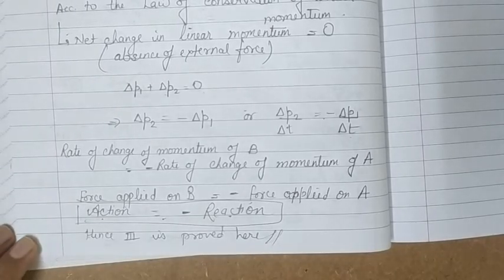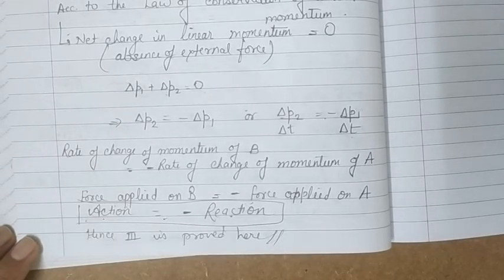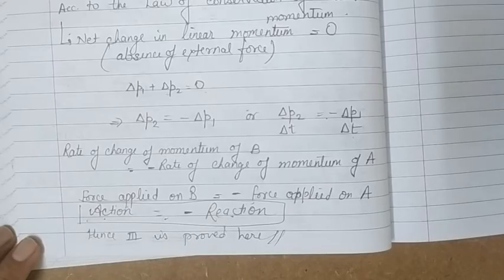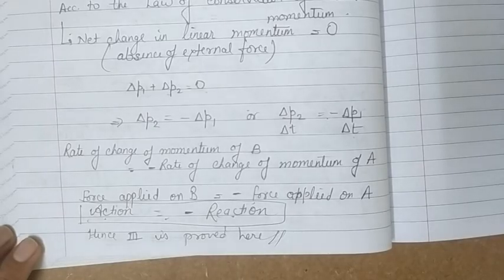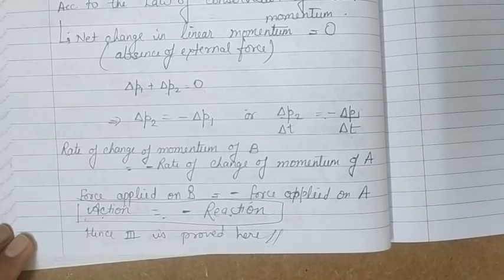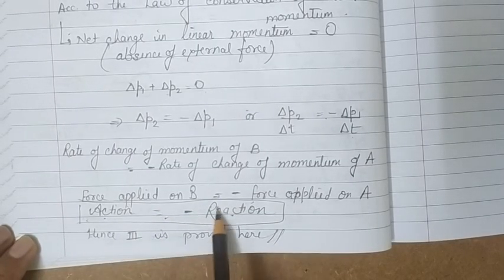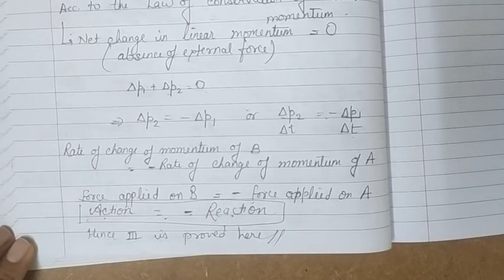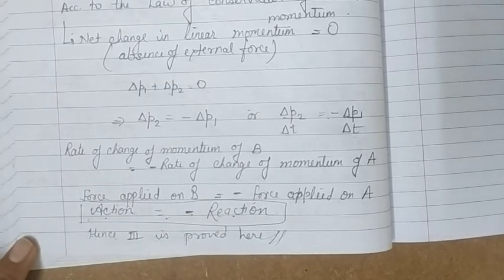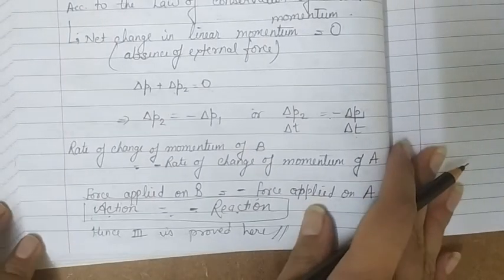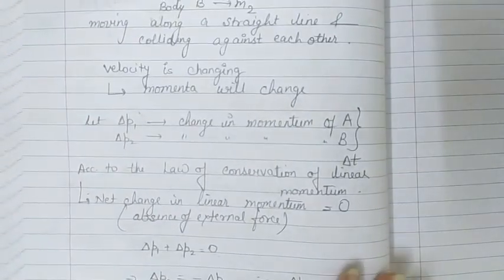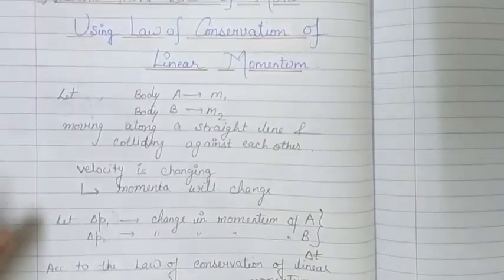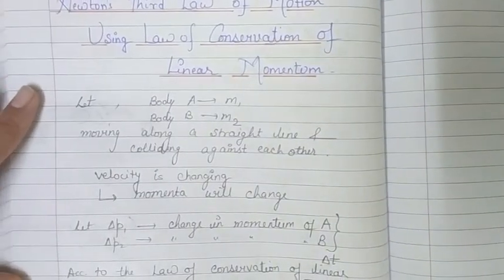So the force on B is equal to the negative of the force on A, and these forces are applied by each other. B applies force on A, and A applies force on B. If this is action, then this force is reaction, and they are equal and opposite, and this is the third law of motion. So we can easily prove Newton's third law of motion by using the law of conservation of linear momentum.